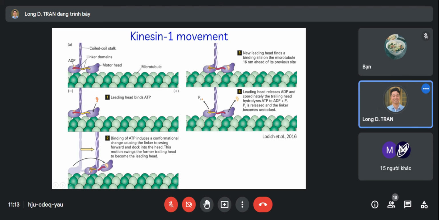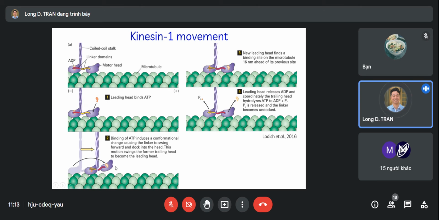And when the linker of the leading head changes from left to right, it will bring the trailing head at the back to the front. The trailing head can move because it is currently bound to ADP, and when it binds to ADP, it attaches loosely to the microtubule, and therefore it can change.